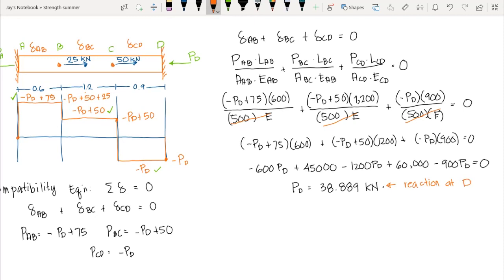Okay? Since we come up with a positive sign, our assumption that PD is acting to the left is correct. So we have PD acting to the left. Now after this one, since this problem asked for the stress in BC, we have to compute the internal force in BC, that is PBC, the actual force in BC, that is equal to negative PD plus 50, or negative 38.889 plus 50 kilonewton, and this gives us 11.111 kilonewton.